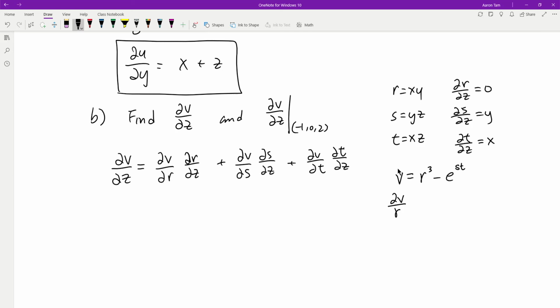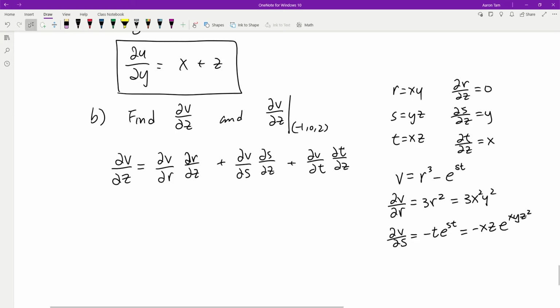Dv over dr would equal 3r squared, but because r is xy, I can say this is 3x squared y squared. Dv over ds would equal negative t e to the st, so that would equal negative xz e to the xyz squared.